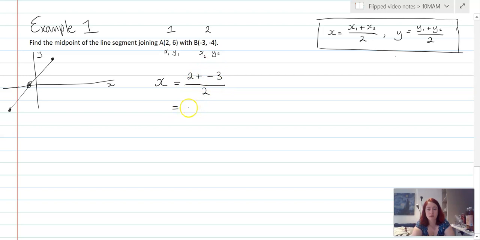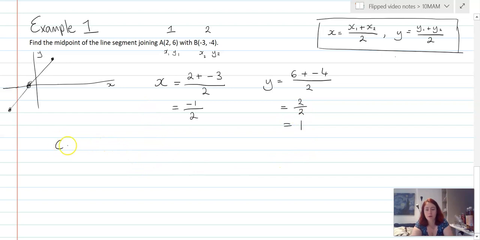That will give us 2 plus -3 is -1 over 2. For y, we're going to do y1 plus y2, so 6 plus -4 over 2 is going to give us 6 plus -4 is 2 over 2, which just equals 1.